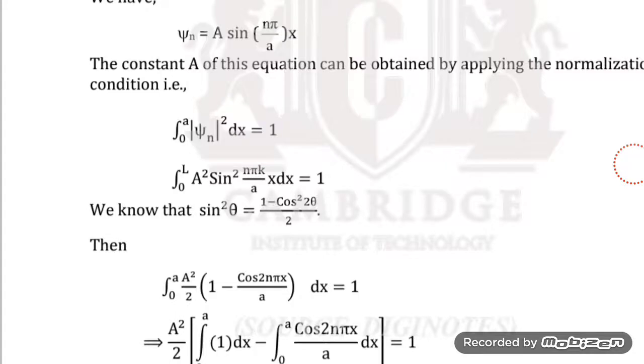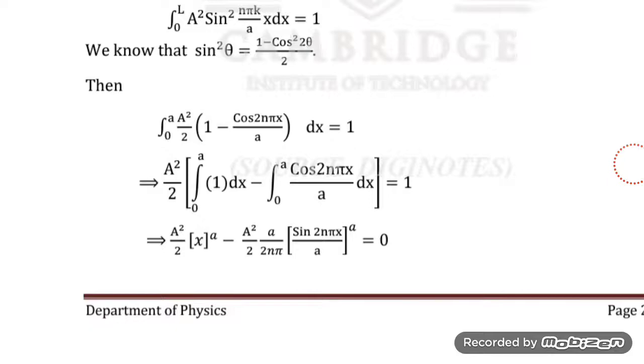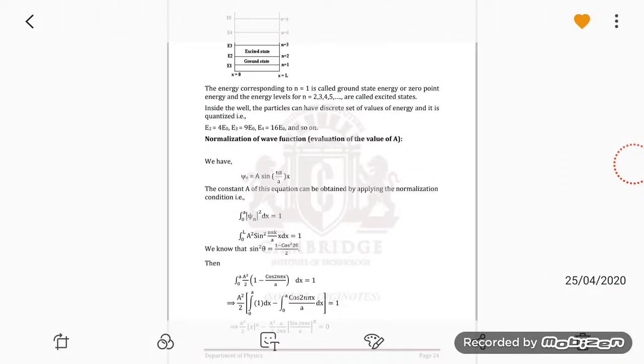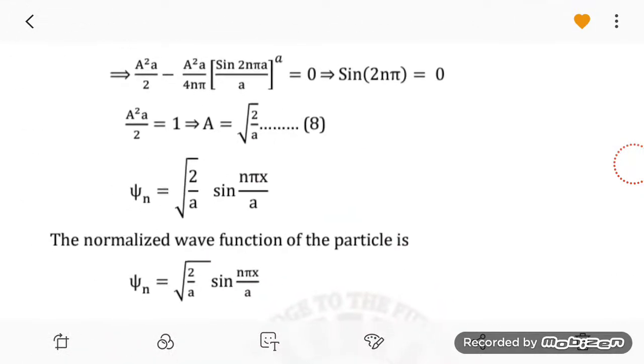By integrating and solving we have this, as shown in the slide. By solving we get two terms. By separating out the two terms we find that A is equal to root 2 by a, as the initial function is psi n equal to A sin n pi x by a.